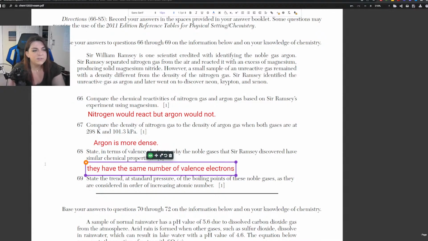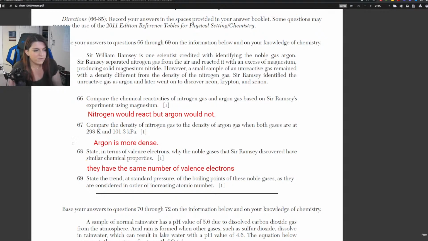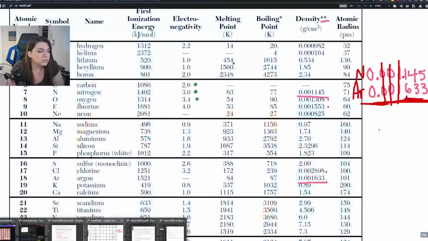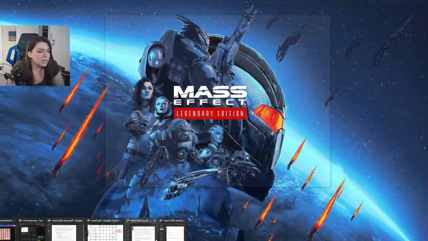And this says specifically state in terms of valence electrons. If you want to get this right, that means you have to talk about valence electrons. Now, sometimes they will accept things like, oh, they all have a full octet of electrons. Sometimes they do, and sometimes they don't.